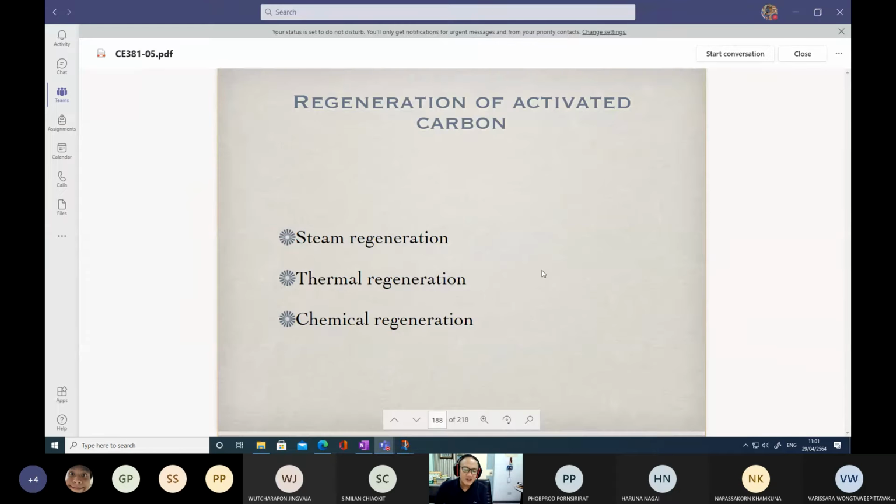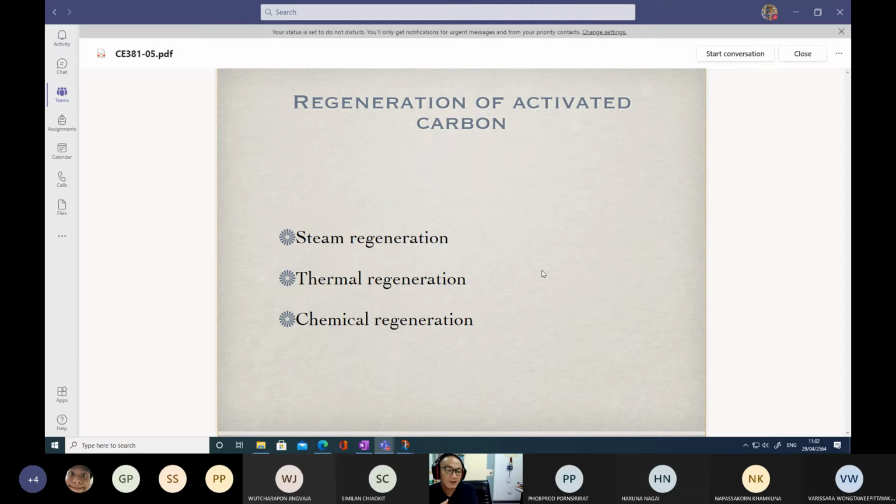We can use steam or apply heat, putting all the adsorbed carbon into a vessel and providing the heat. So all the pollutants will be burned or maybe vaporized, and it's all gone after regeneration.